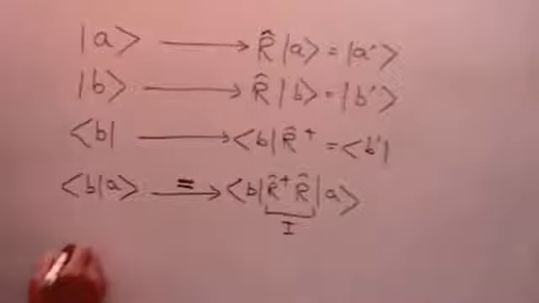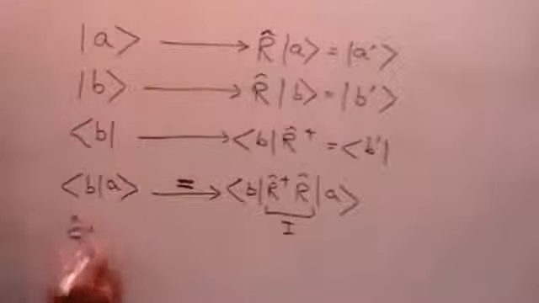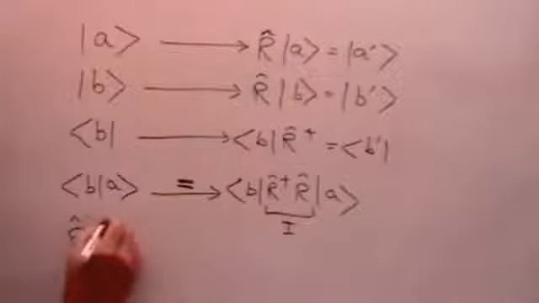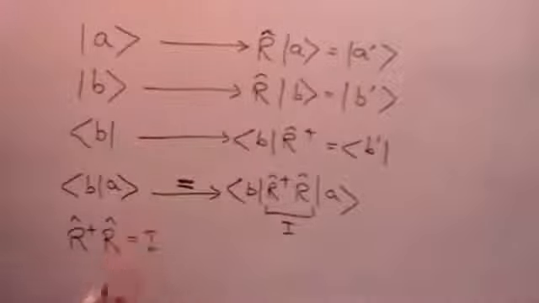And this means that the rotation operator, or rather R dagger times R, is equal to the identity operator I. And we showed in Quantum Mechanics Concepts that when that happens, this rotation operator has a special name. It's called a unitary operator.